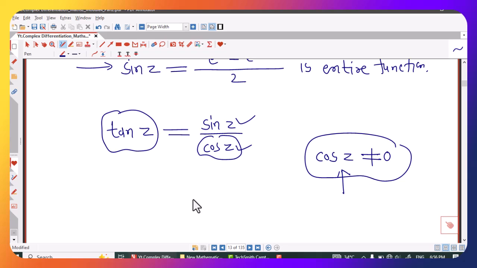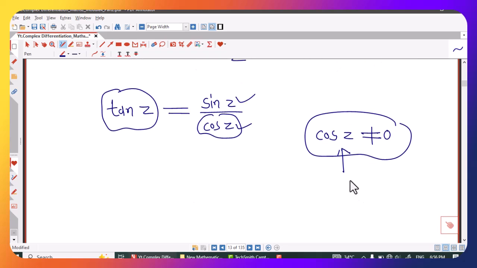But we are not going into the details. We have to solve the equation cos z equal to 0 to determine all those points where this cos z becomes 0, and the points at which cos z becomes 0, tan z is undefined and therefore tan z is not analytic.